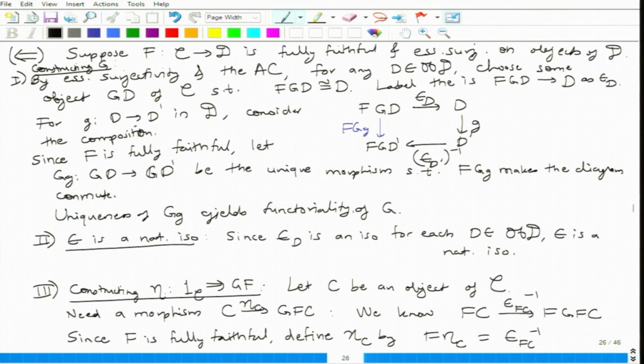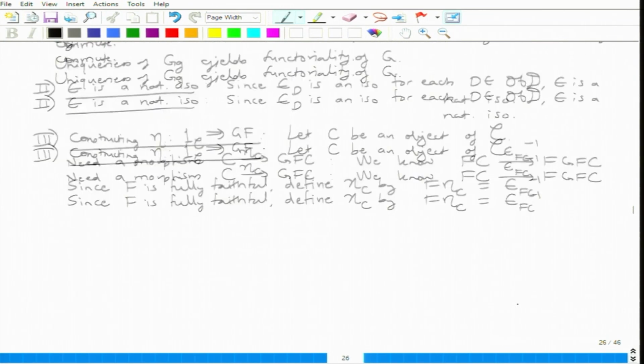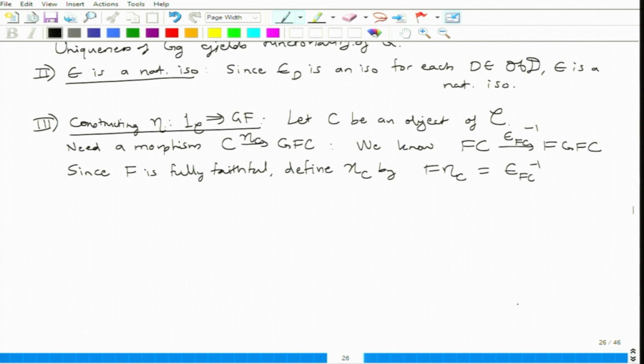This will definitely do the job. Okay, because we knew one morphism and we can take out F from this. Okay, why does it have two-sided inverses? Eta C should have a two-sided inverse.